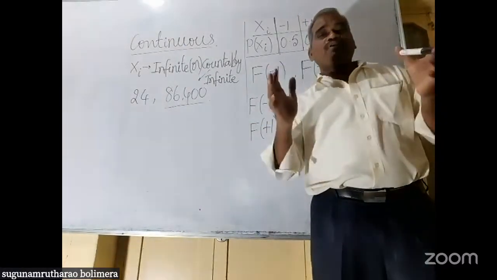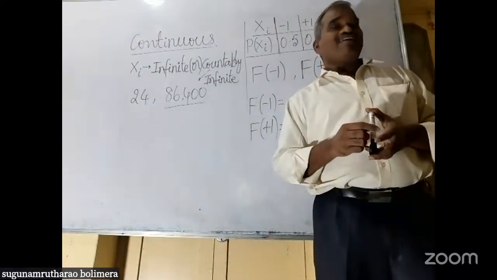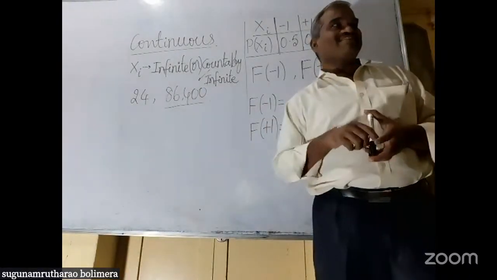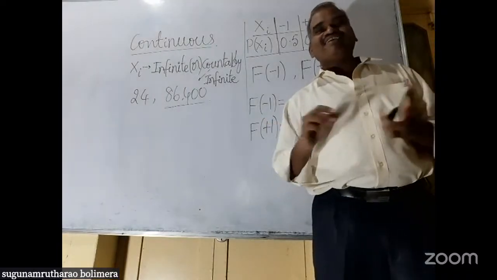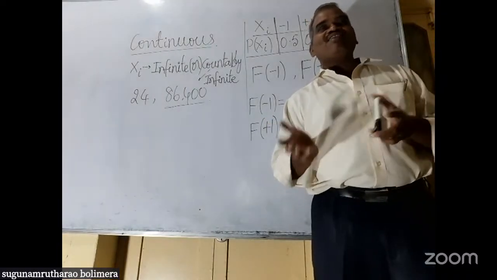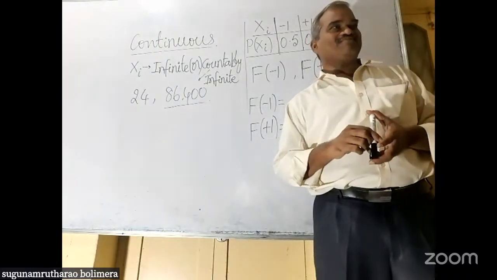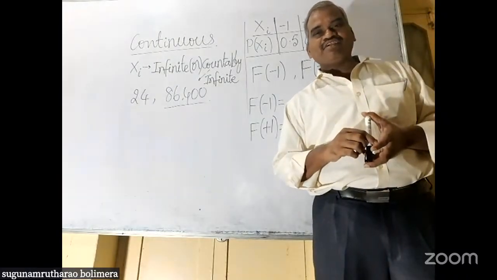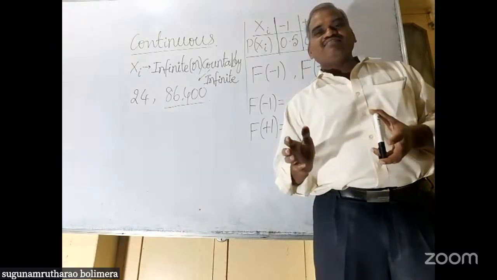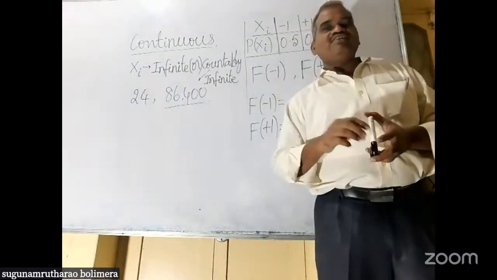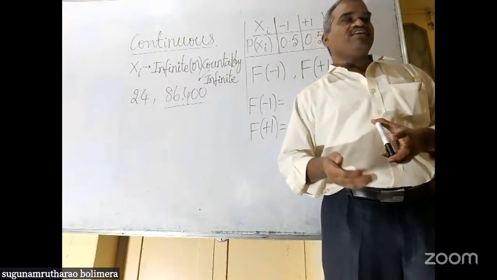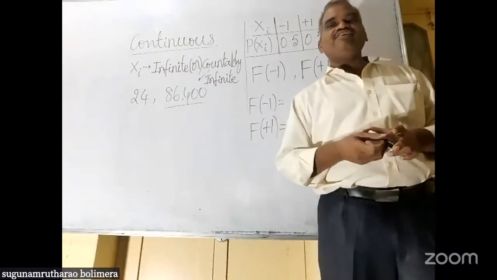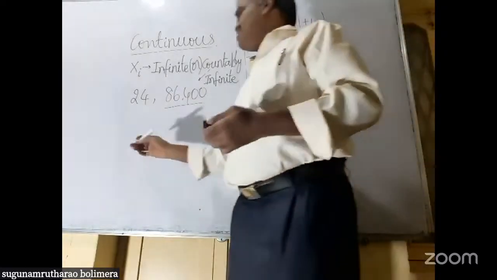You may be given a bucket of water and asked how many drops are there in it. It is countable, but it is infinite. So countably infinite means when you compare it with some small value, it seems so large that we call it countably infinite.